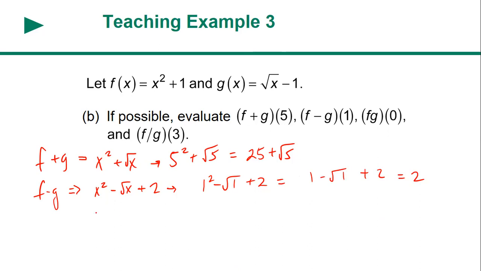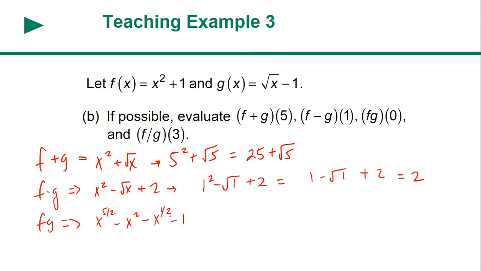Okay. When we did f times g, what did we get? We got x to 5 halves minus x squared plus x to the half minus 1. And now we're substituting in 0.